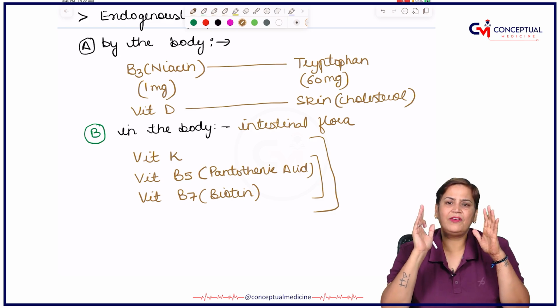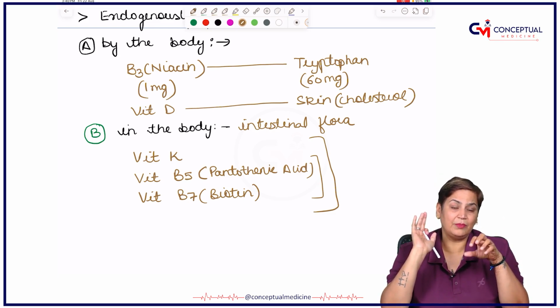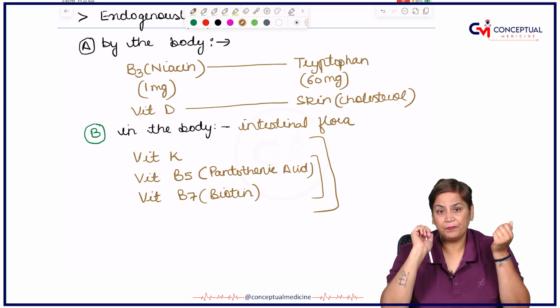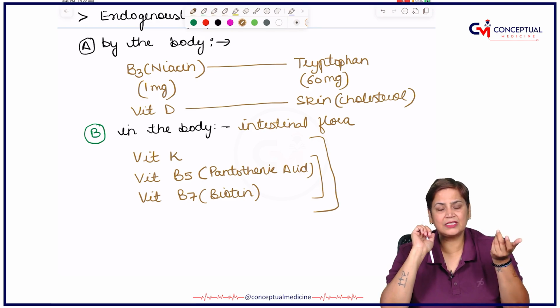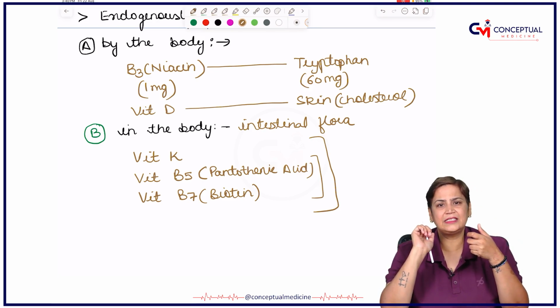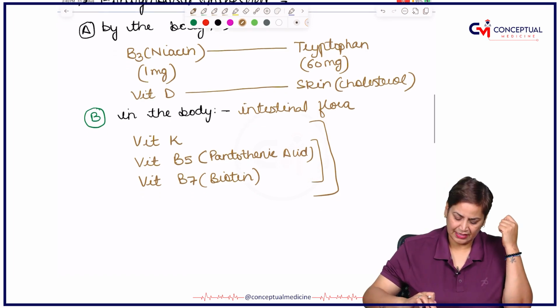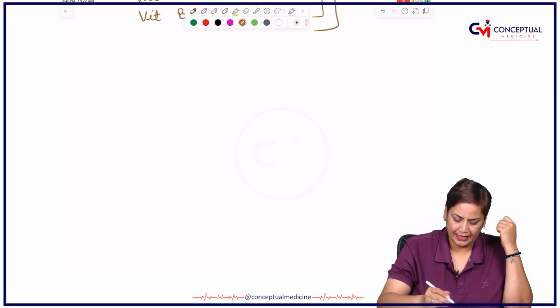And there is always a recommended dietary allowance for all the vitamins. So we should know what is the active form of the vitamin in which it is acting in the body, how it is catalyzing the biochemical reactions, and if a particular biochemical reaction is not catalyzed, what diseases it leads to. So let's start with the first vitamin, vitamin A.